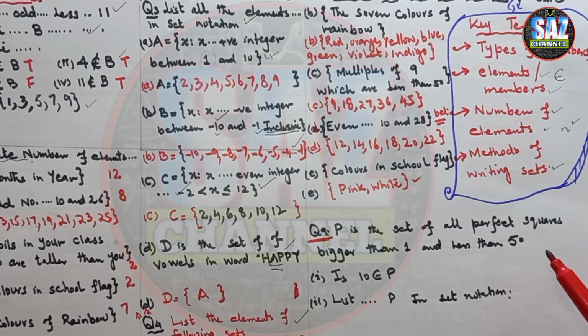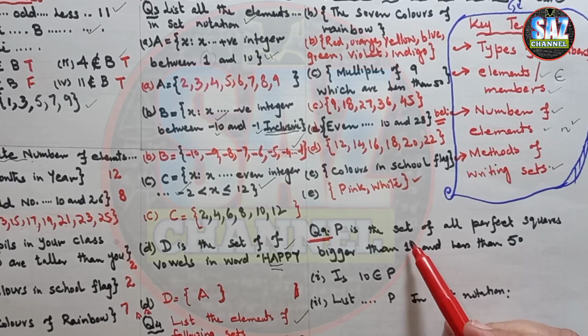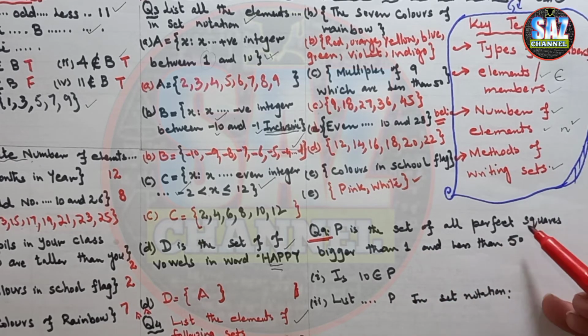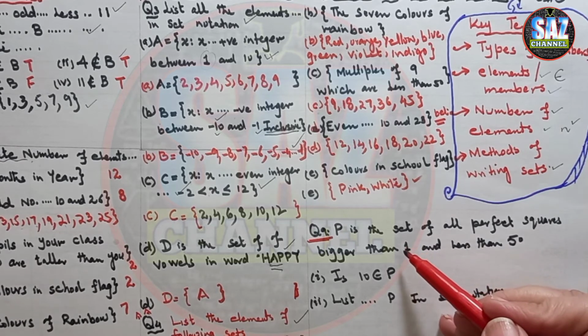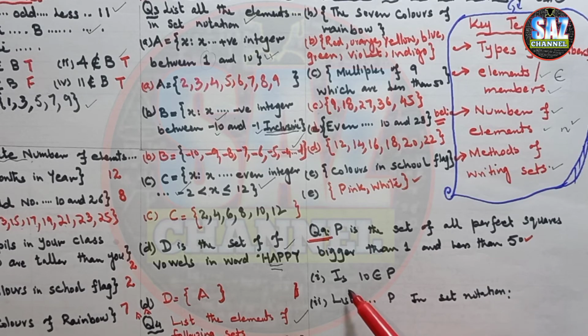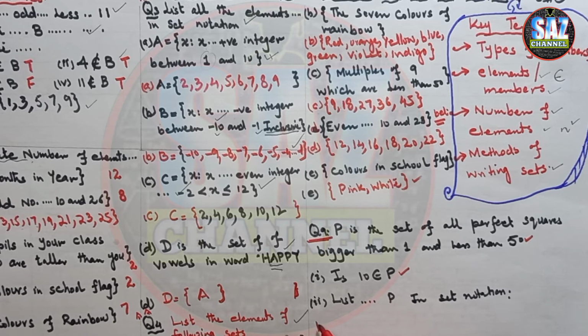Question number 9 says that P is the set of all perfect squares bigger than 1 and less than 50, and then we have to decide whether 10 belongs to P or not. And the second is list all the elements of P in set notation. So let's first write the elements of P in set notation.